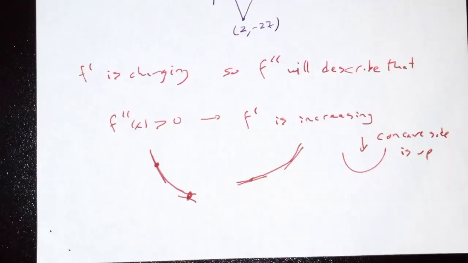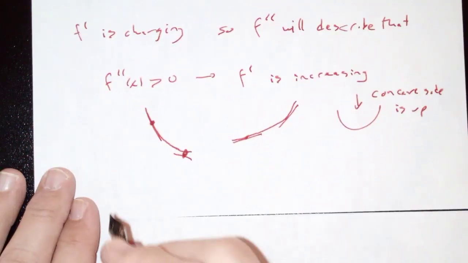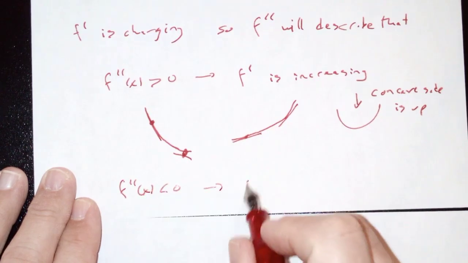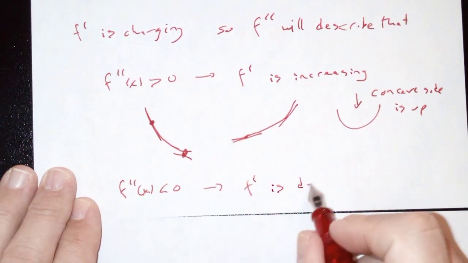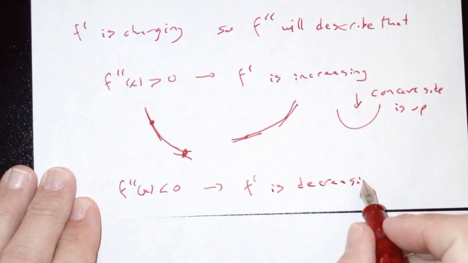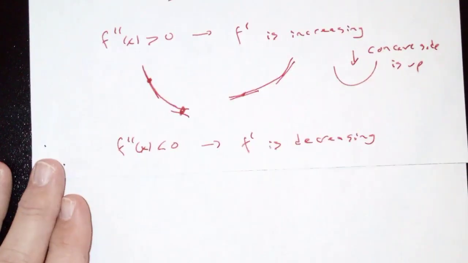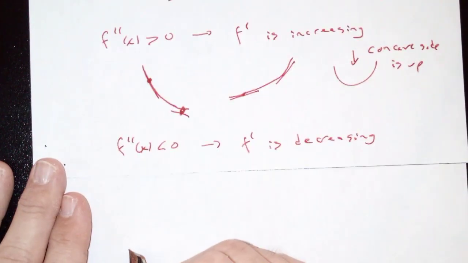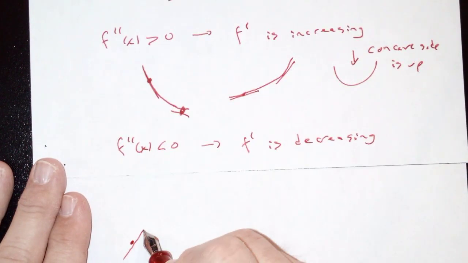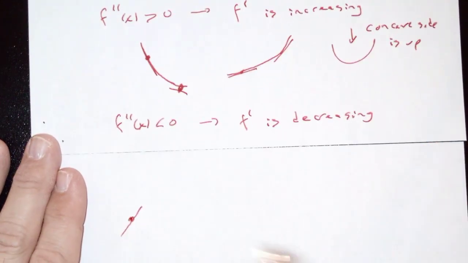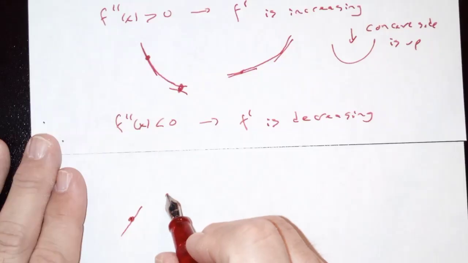If my second derivative is negative, then f prime is decreasing. If I have a positive slope to begin with, what's going to happen at the next dot?